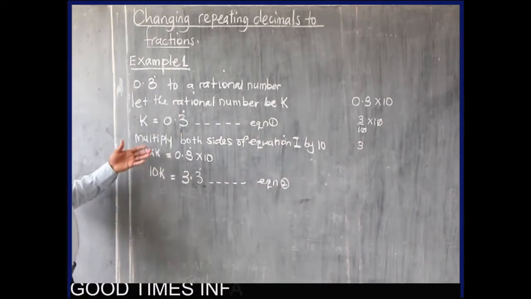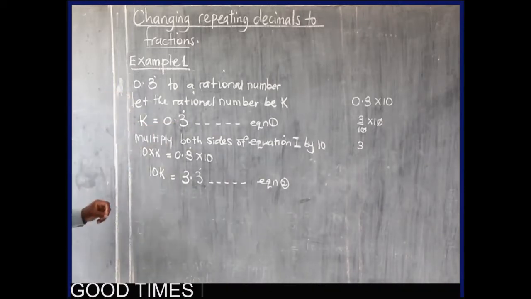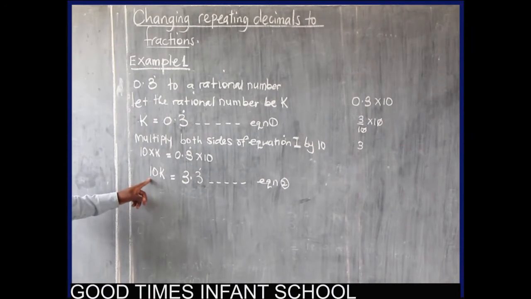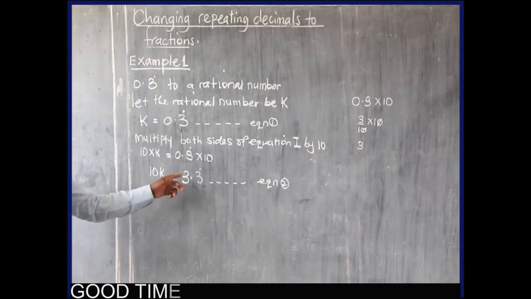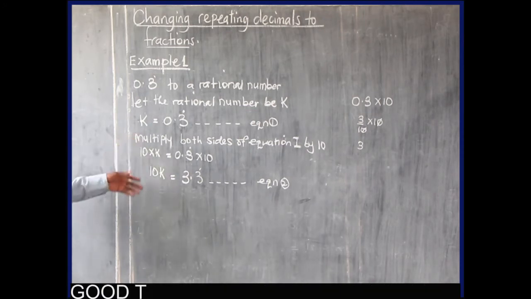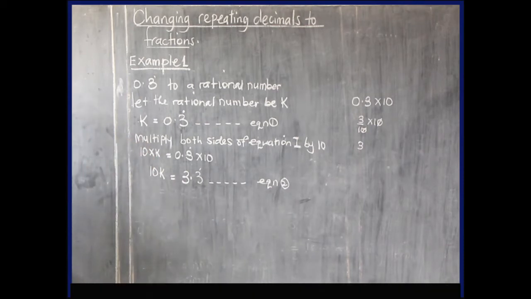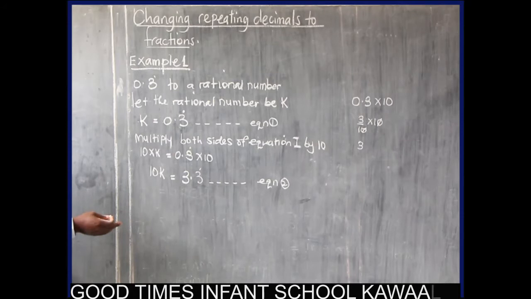Now, we come and look at our 2 equations. The first equation is k equals 0.3 recurring. Now, the second equation is 10k equals 3.3 recurring. Now, what do we do to get the answer we want? We take a difference of the 2. Then we shall say we subtract a smaller equation from a bigger one.